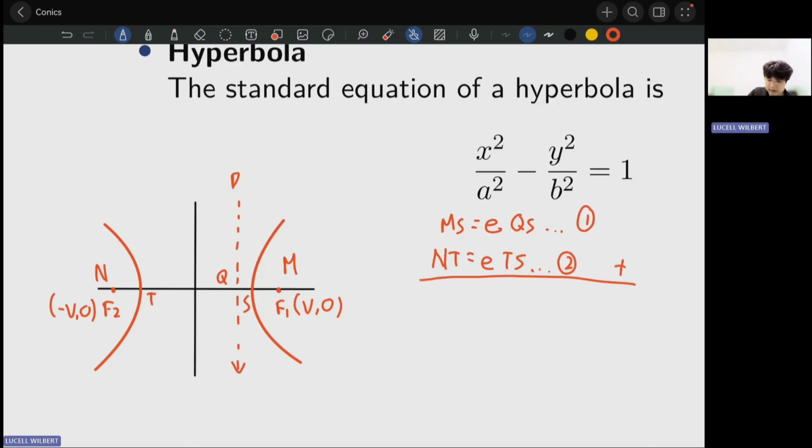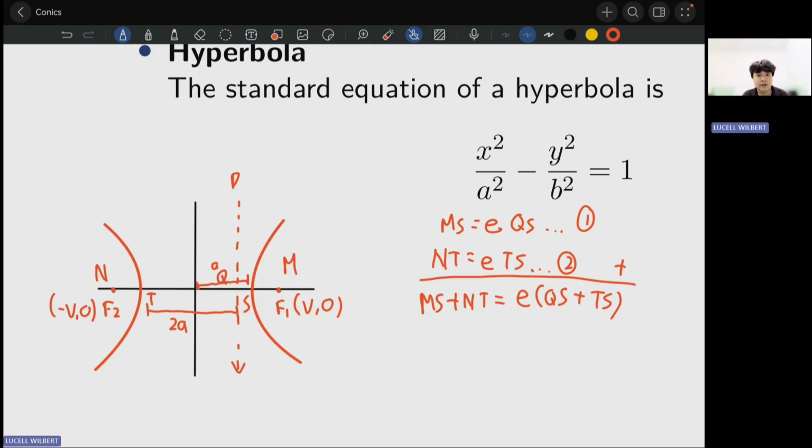We know that the distance from the center to the vertex is a. Therefore, the distance from T to S is 2a. MS plus NT equals e times (QS plus TS). But we already know QS plus TS. How do we find MS plus NT?